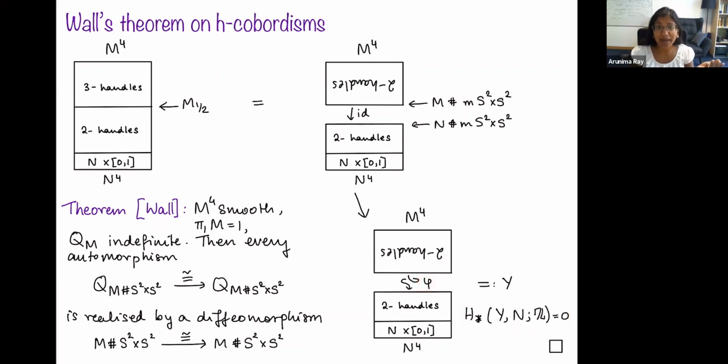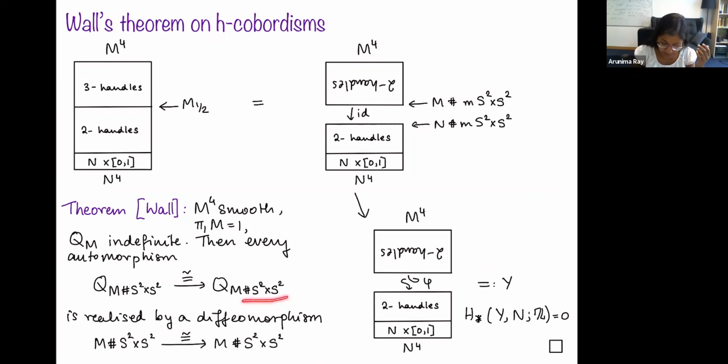This is not too bad. Again, I'll write down some details in the lecture notes, but basically the point is that we need the attaching spheres of the three handles to algebraically cancel out the belt spheres of the two handles. That tells us what we want on the algebraic level. And then this theorem of Wall tells us that what we have on the algebraic level can be realized by a diffeomorphism on the smooth level.